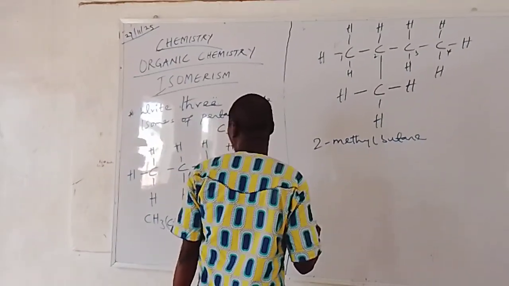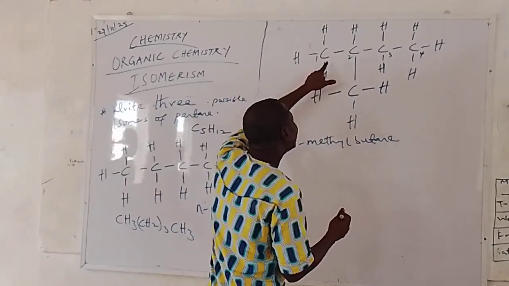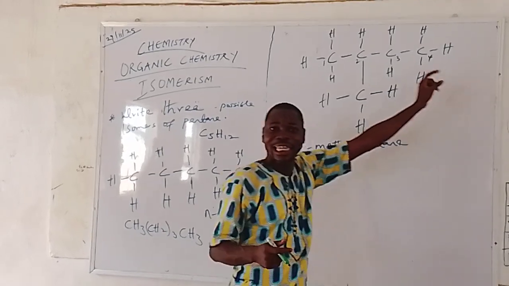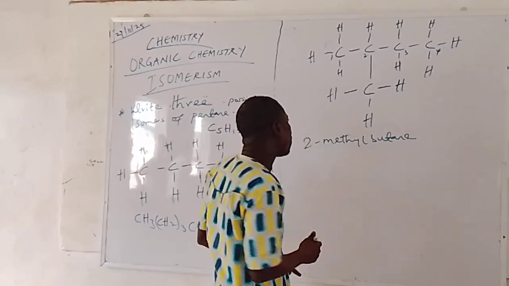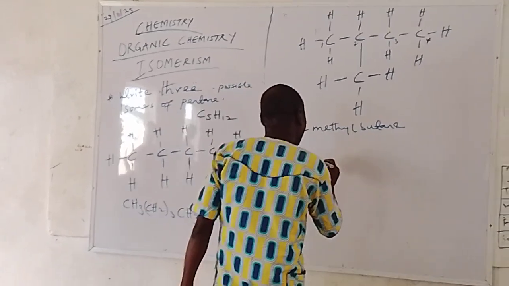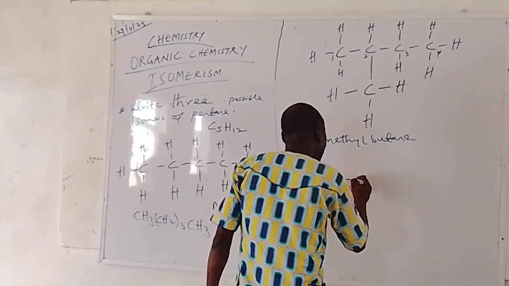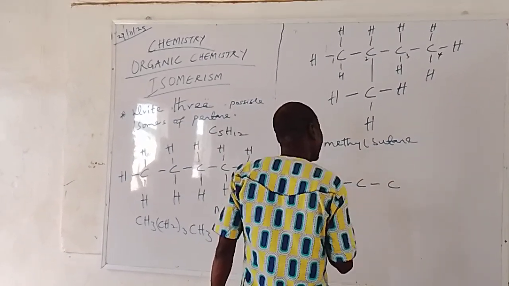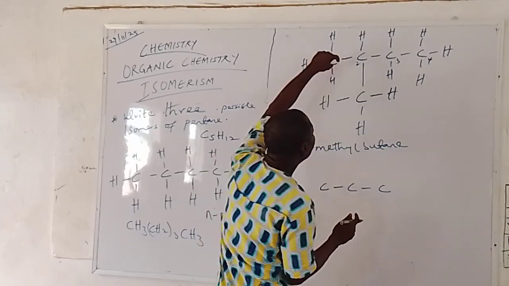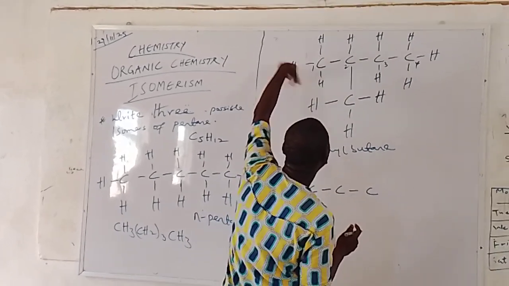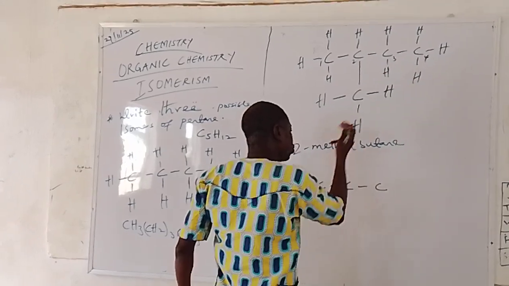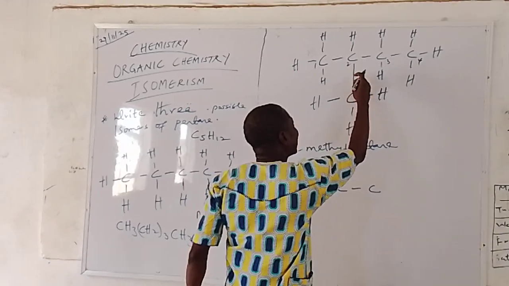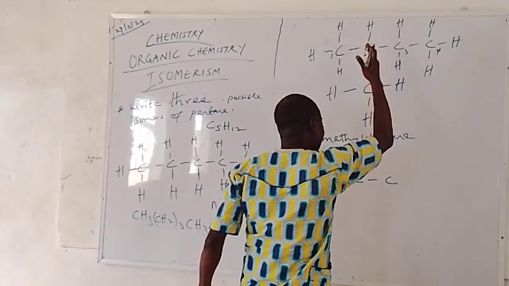Then for another isomer, I am going to reduce the 4 carbon again. I will reduce it to 3 carbon and branch it again. So how do I go about that? I will write carbon, and I've removed another carbon to make it a branch chain. I've reduced the 4 straight carbon to 3. I can branch it at the bottom, and I can also branch it at the top.